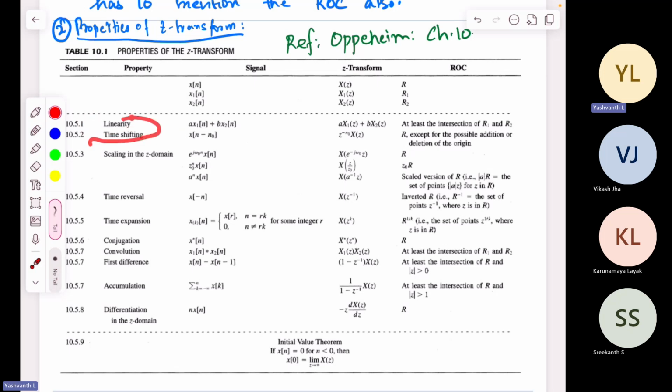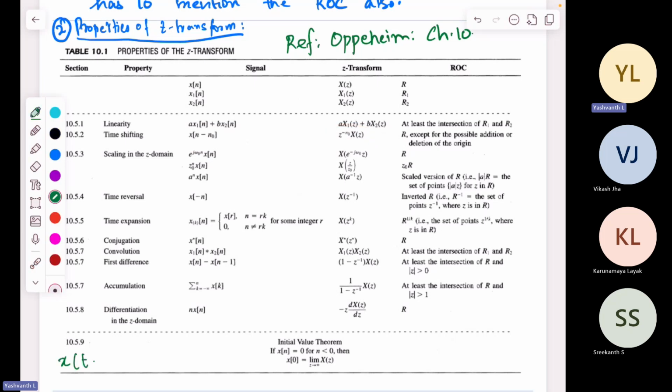The next property is called the time shifting property. So what does the time shifting property say? If you have a signal x of n whose z transform is x of z, then the signal x of n minus n naught, that is, you delay by n naught, will have the z transform z power minus n naught into x of z. You recall for the Laplace transform, what was the scenario?